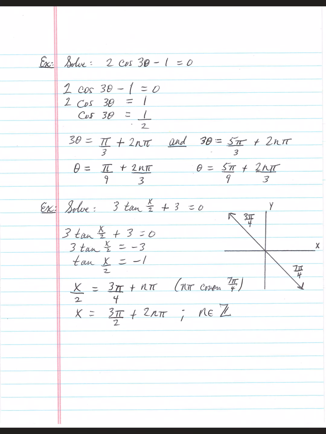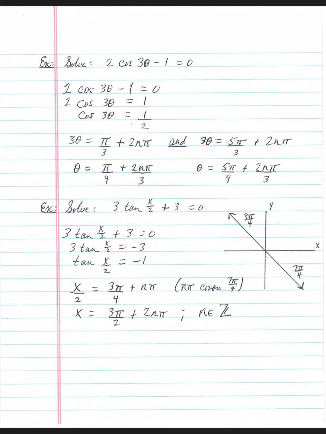Solving for theta, divide by 3. This 3 on bottom, divided by 3, that's going to be pi over 9. See if you can convince yourself of that. Dividing by 3 is the same as multiplying by 1/3. So that's pi over 9, divide both terms by 3.